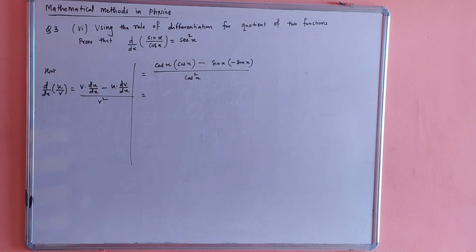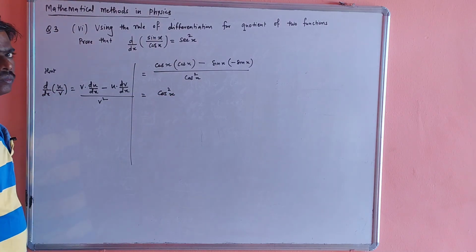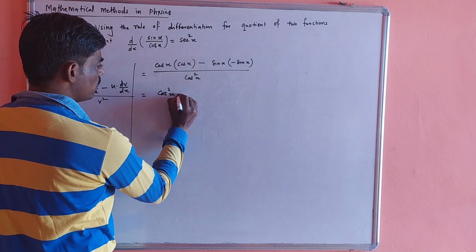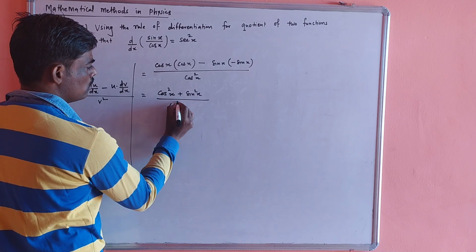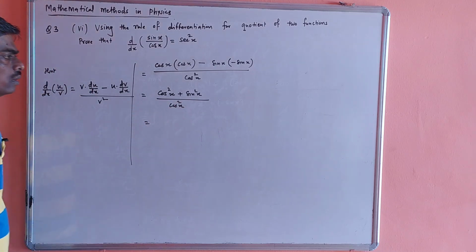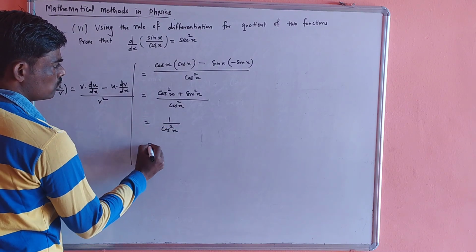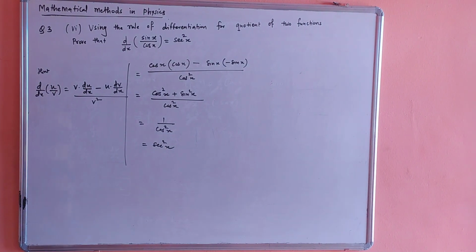So cos x into cos x is cos square x, and sin x into sin x is sin square x, it becomes plus sin square x upon cos square x. So sin square x plus cos square x is 1. So 1 upon cos square x is nothing but sec square x. This is your final answer.